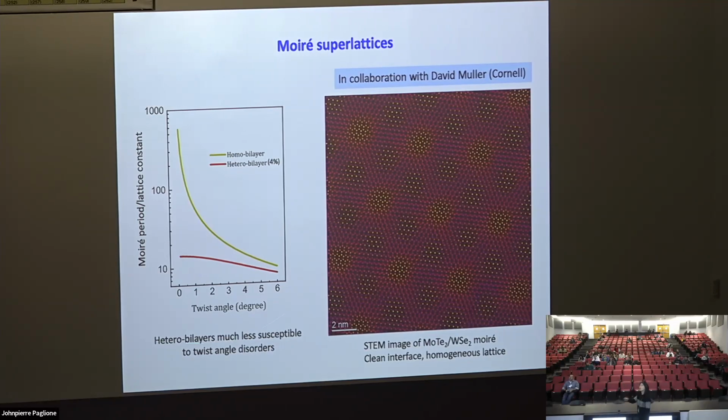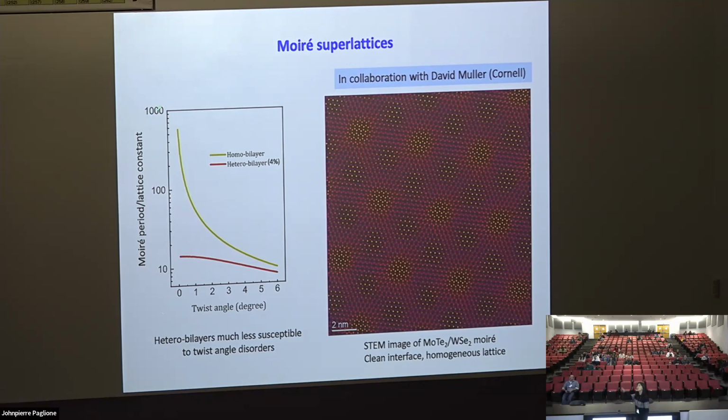So here is kind of a very simple model to determine the moire periods when you put, for example, homobilayer or heterobilayer together with some twist angle. And as you can see here, the red one is for heterobilayers, and the yellow one is for homobilayers.